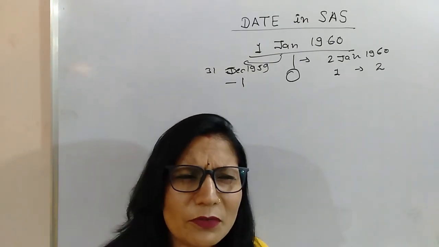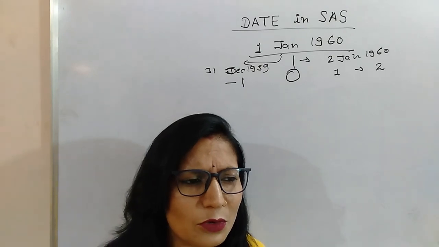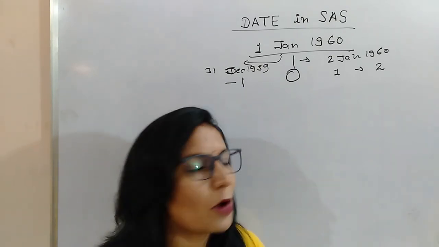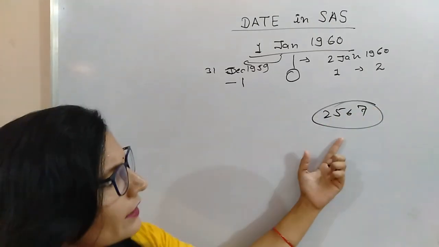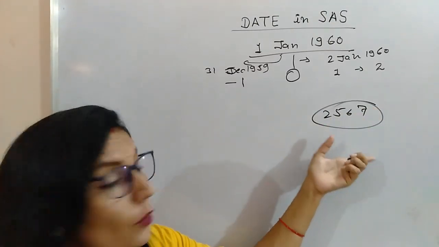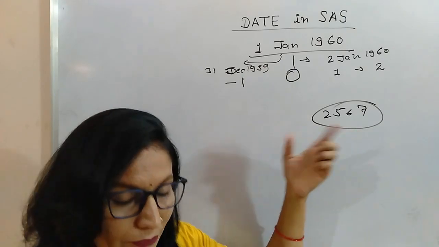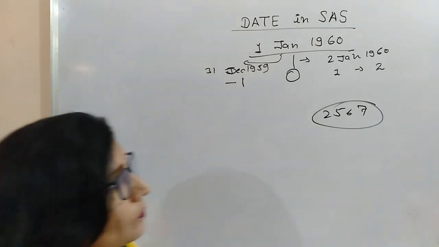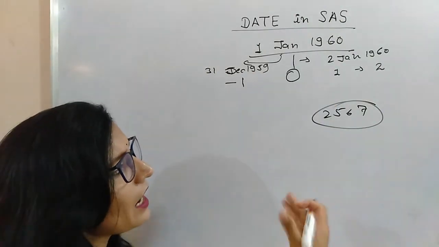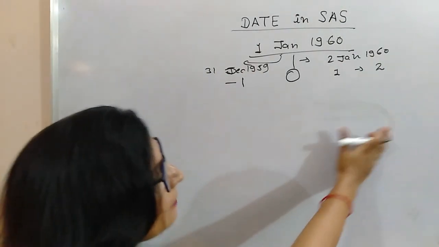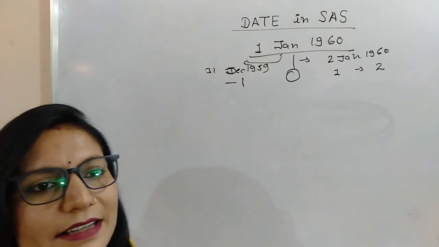If you get some output in the form of, say, 2567, do you understand what this date is? No, you won't be able to understand that. So first we need to understand how SAS reads the date variable and what different options we have to make SAS understand the date variable.